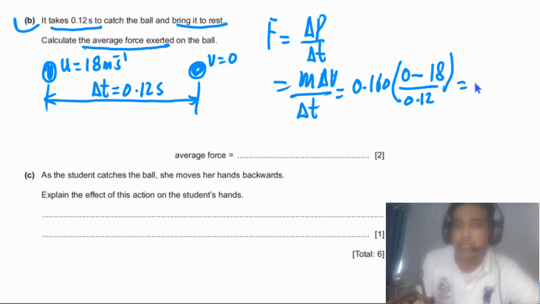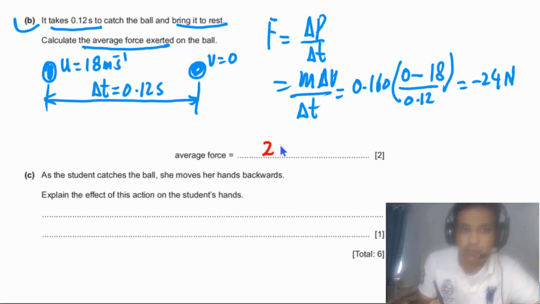So in this case, we will get an answer that is equal to 24 newtons. This negative sign simply tells us that force is applied in the opposite direction of motion of the ball. And the question is simply asking us the magnitude of the force. So you can say 24 newtons.